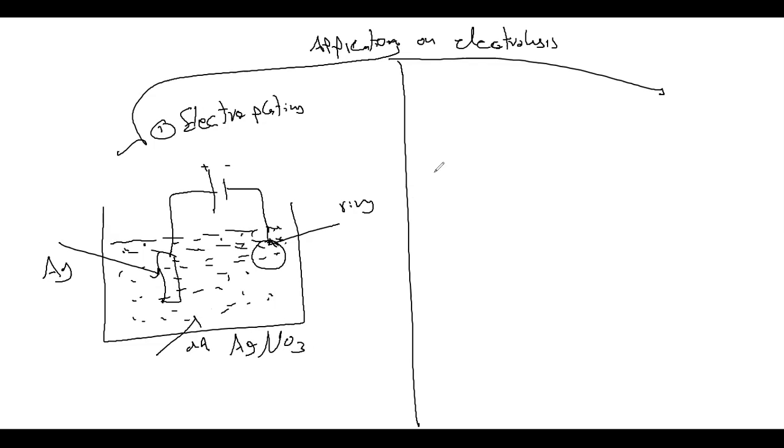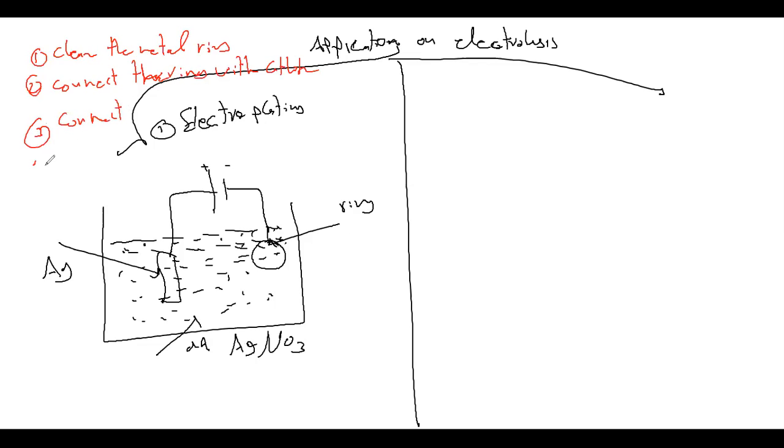At the beginning, number one, clean the metal ring. Number two, connect the ring with the cathode. Number three, connect silver with the anode.